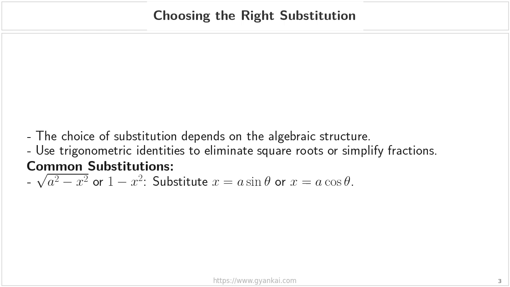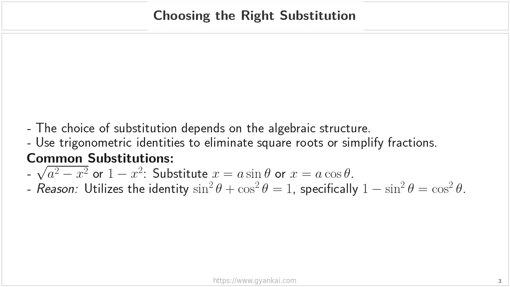Let's look at the first set of common substitutions. Whenever you encounter an expression containing the square root of a squared minus x squared, or simply 1 minus x squared, you should substitute x with a sine theta or a cosine theta. The reason for this specific choice is to utilize the fundamental Pythagorean identity: sine squared theta plus cosine squared theta equals 1.